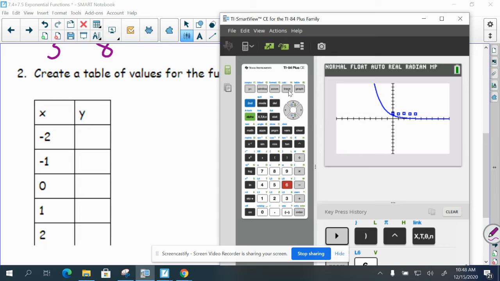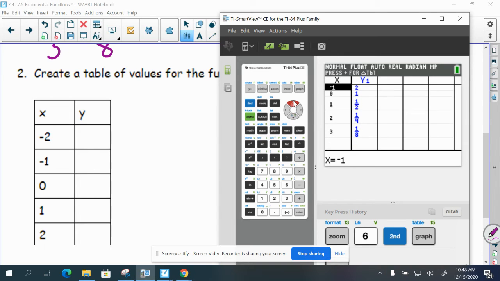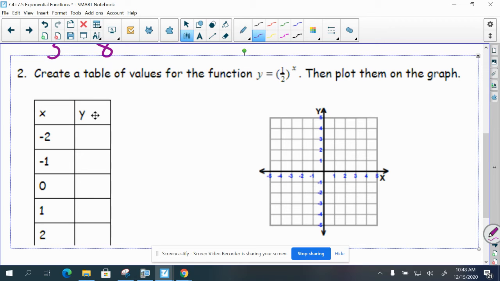So let's go back to our table. So go second table, and then we want to go up to -2. So -2 is 4, -1 is 2, 0 is 1. So basically it's just the opposite of what we put above. So this would be 4, 2, 1, 1/2, and 1/4.